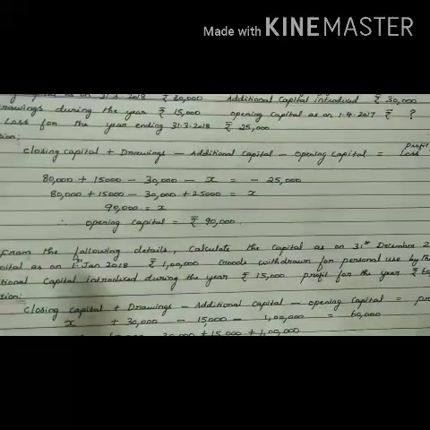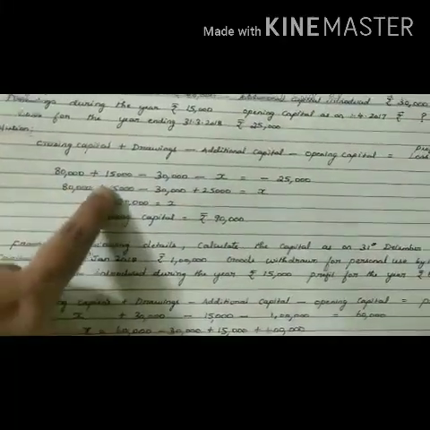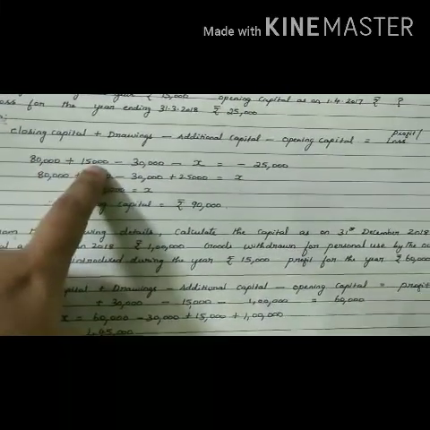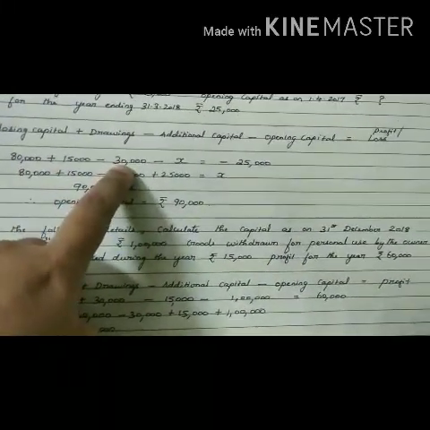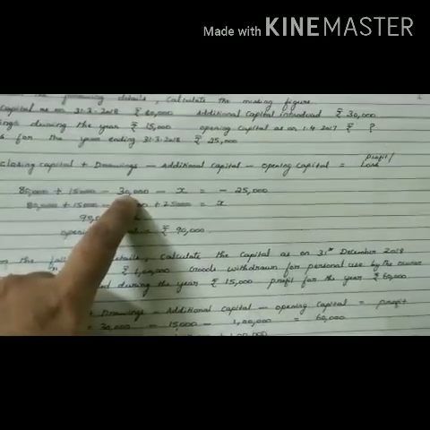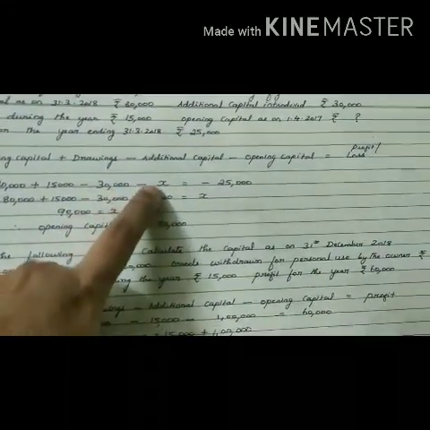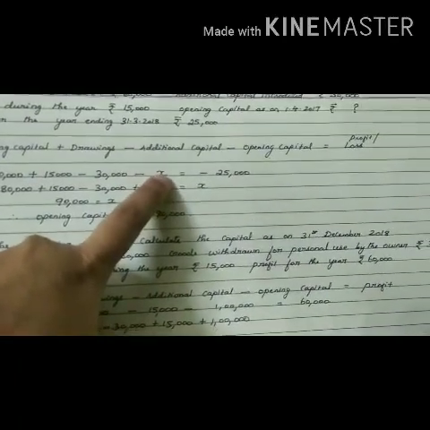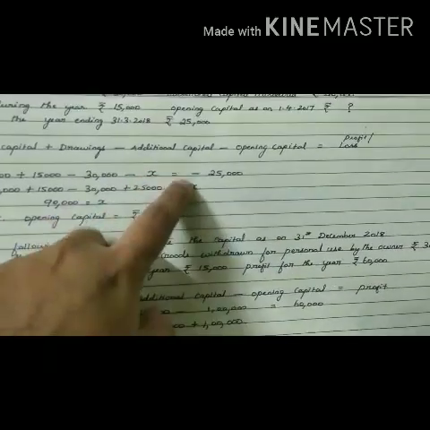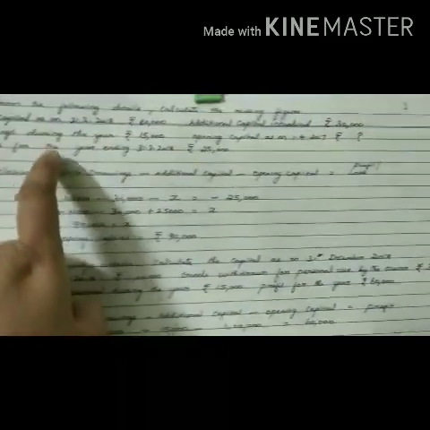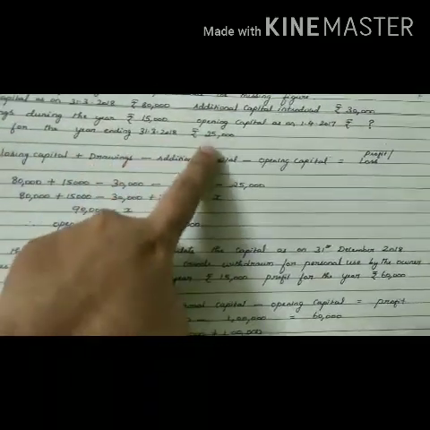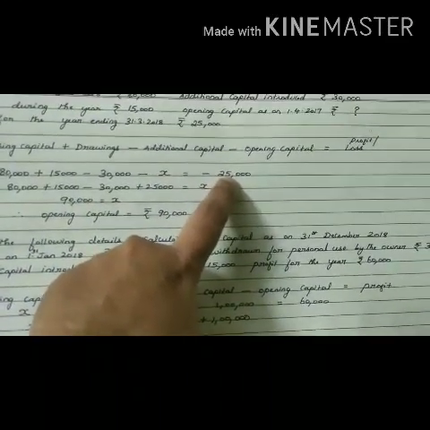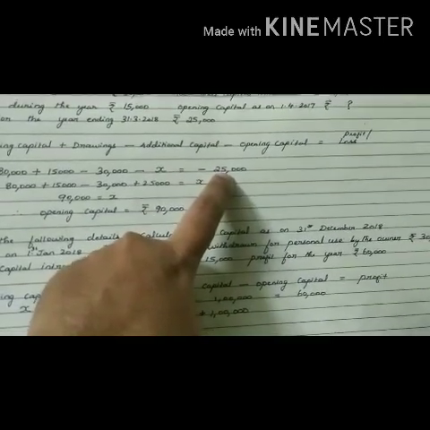Closing capital is 80,000, add drawings 15,000, minus additional capital 30,000. We don't know the opening capital and I've given here X. The opening capital is X, which we need to find out. It is equal to the loss for the year, 25,000. Since it is loss, we are using a negative figure here, minus 25,000.